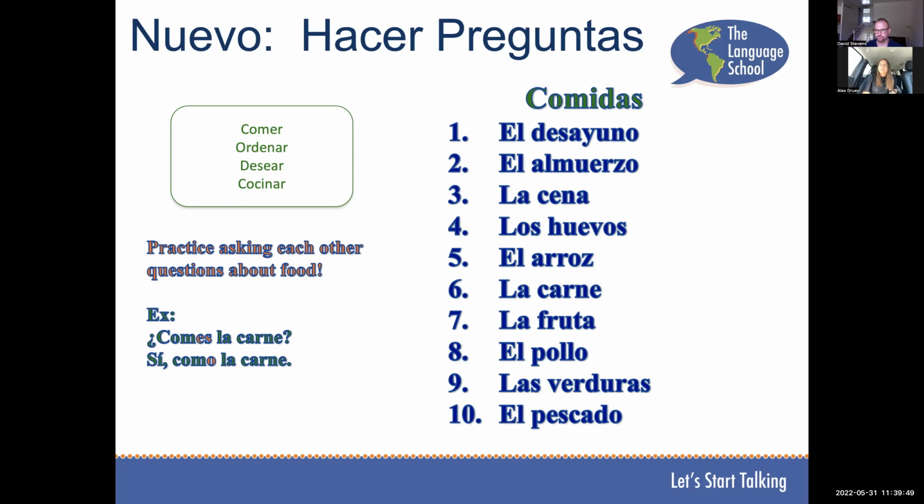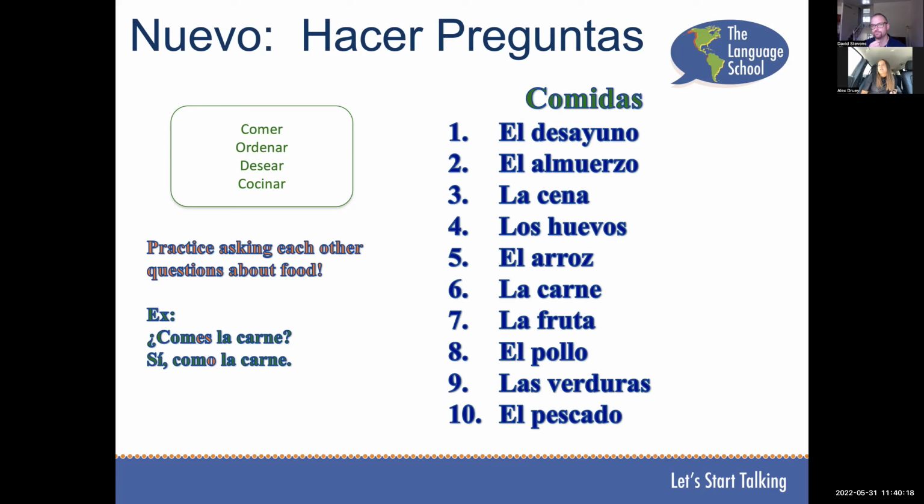¿Qué significa huevos? Los huevos are eggs. ¿Comes los huevos? Sí, como los huevos. ¿Comes el arroz? Sí, como el arroz. Arroz is rice.